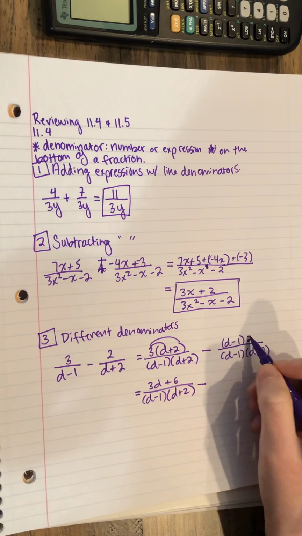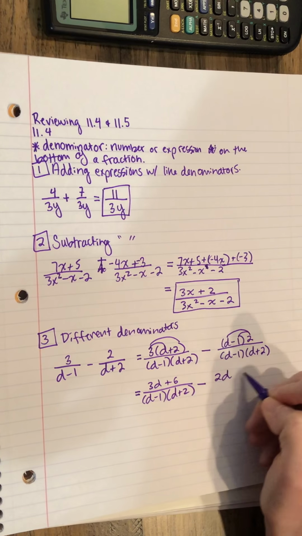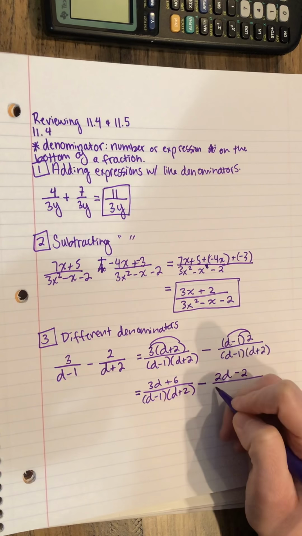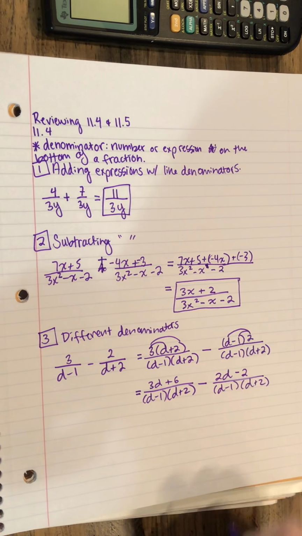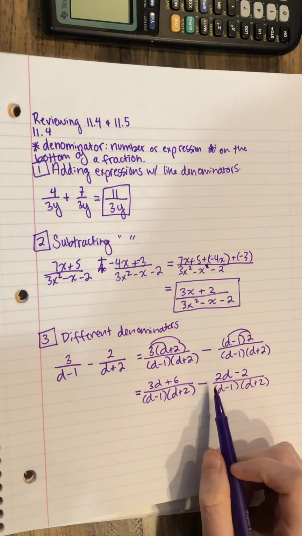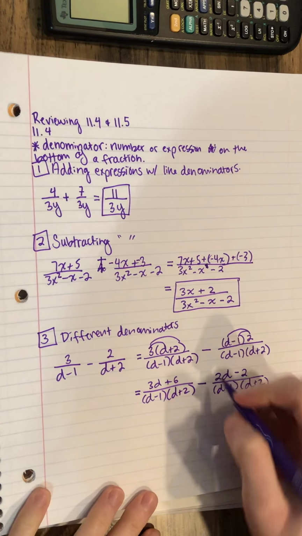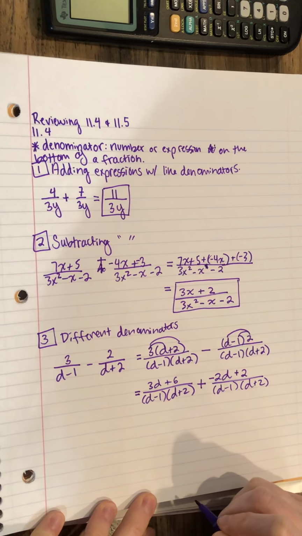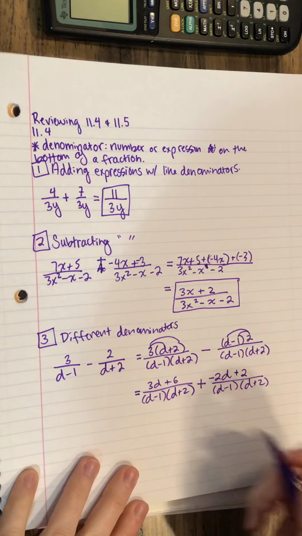Minus, same thing over here, 2d minus 2 times 1 is 2, over d minus 1 times d plus 2. Just like we did with the subtraction problem right before that, we are going to change this into a plus and change these two signs, just so we remember to subtract everything, not just the 2d.